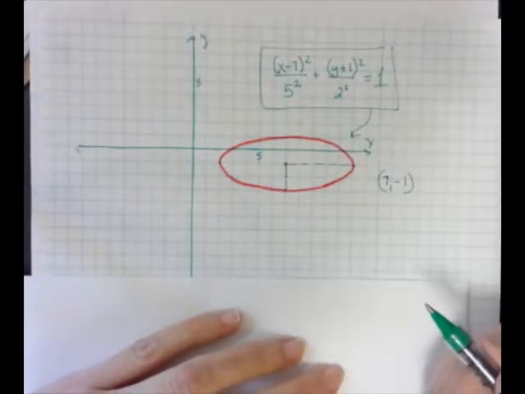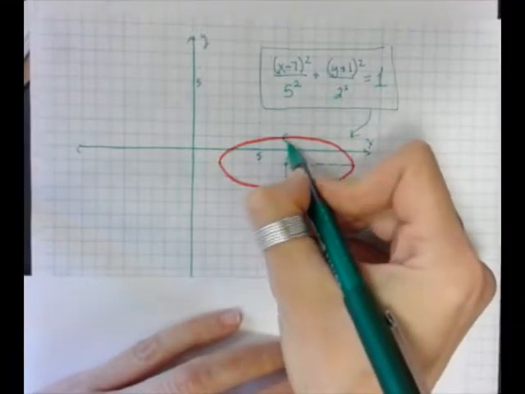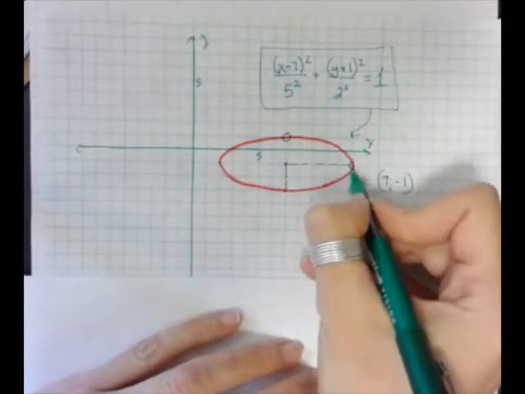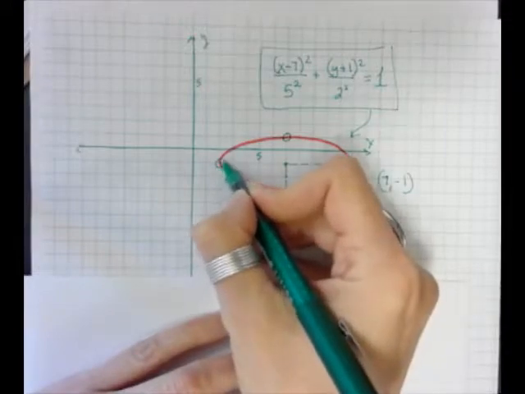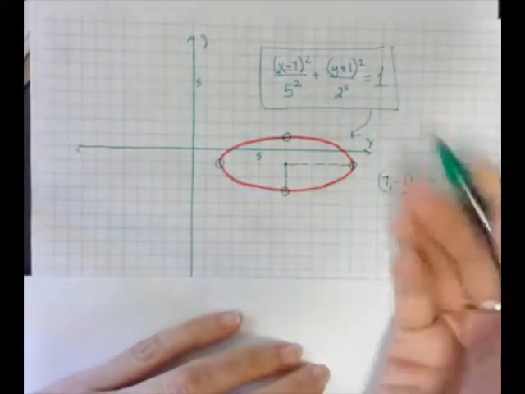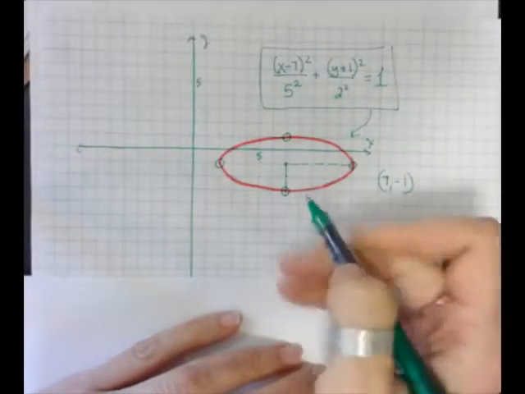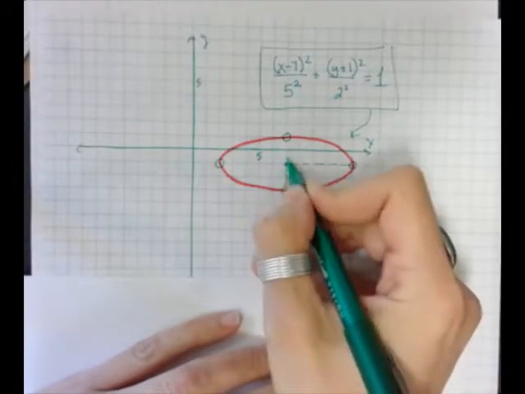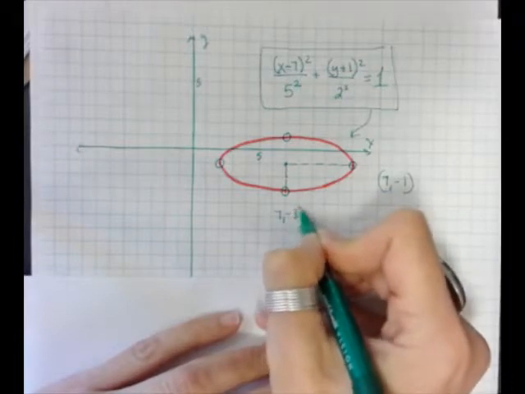And of course, I can always check that by just picking any point on the ellipse. Of course, I would pick those integral points, put them back into the equation, and they should check. So this here is 7, comma, 1, 2, 3, negative 3, right?